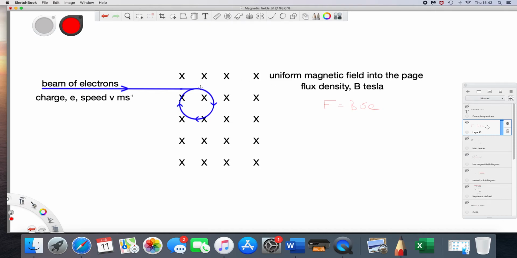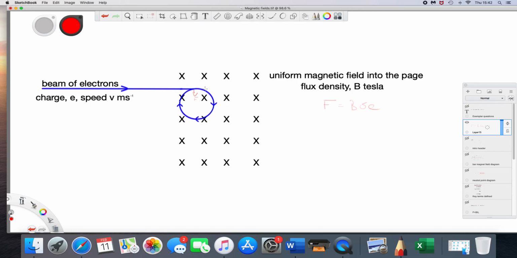Now if we apply our Fleming's left-hand rule here, our first finger would be pointing into the page, our second finger would be pointing to the left because this is a beam of electrons. So the conventional current is flowing to the left if the electrons are flowing to the right. So we have field into the page, we have current back to the left, which means of course that at this point the force is that way.